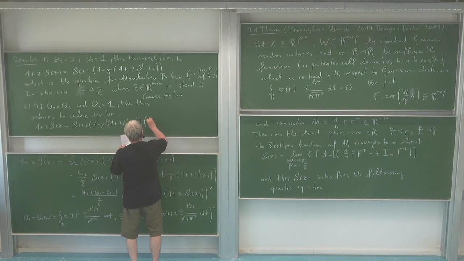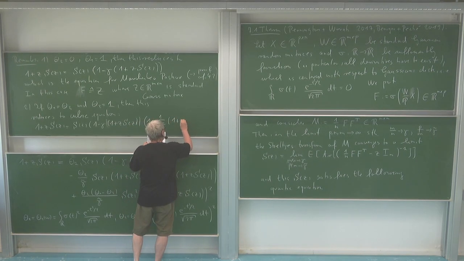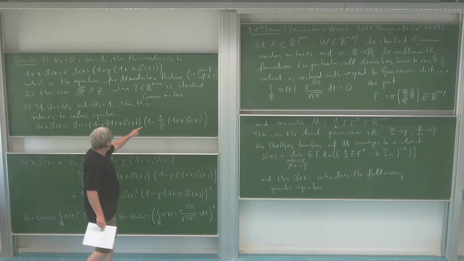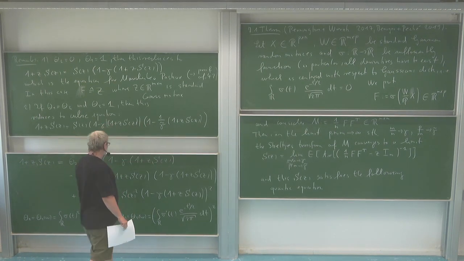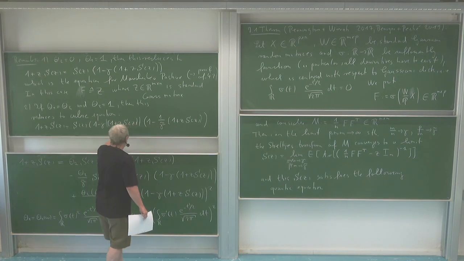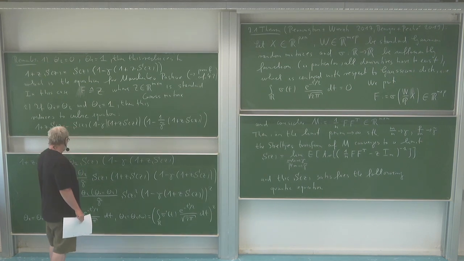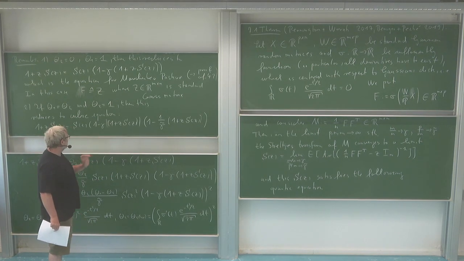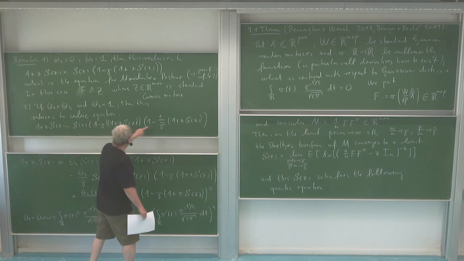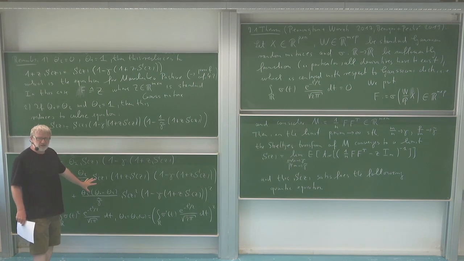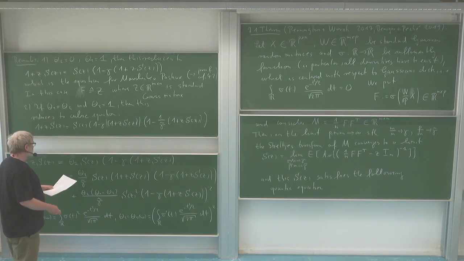Okay, and 1 minus 1 divided by 1 over gamma twiddle times 1 plus z times S of z. So this 1 times this is the first term here, and this times this should be the second one. So theta 2 is equal to 1, and I divide here by gamma twiddle. So you see it now contains gamma and gamma twiddle. In the first case, the gamma twiddle was gone; it didn't play a role there.